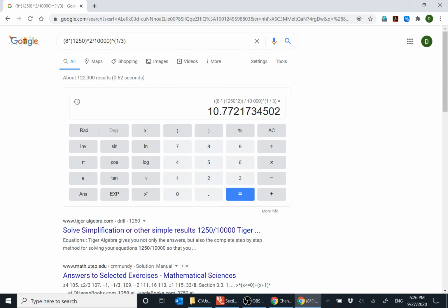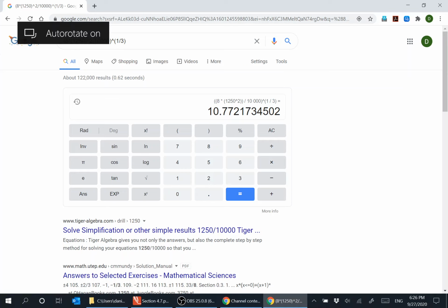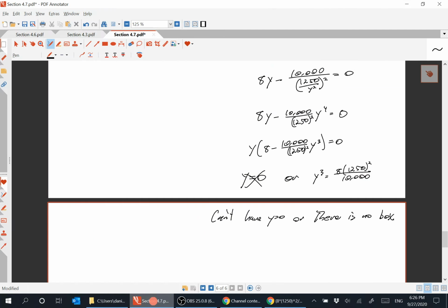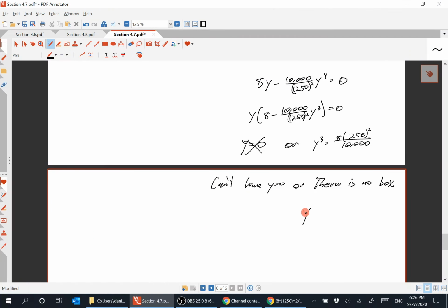So y is equal to 8 times 1250 squared over 10,000 to the 1/3 power.